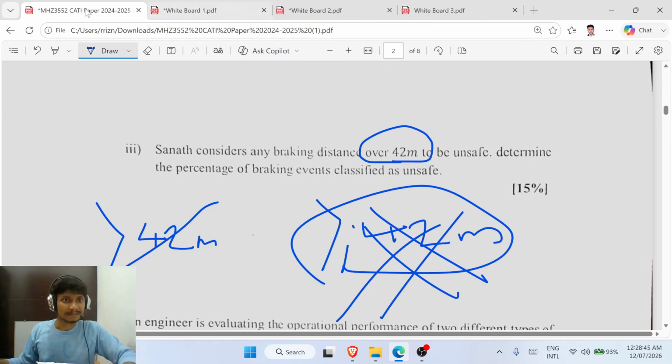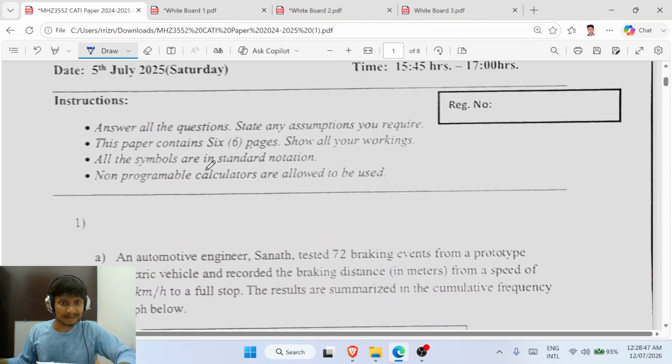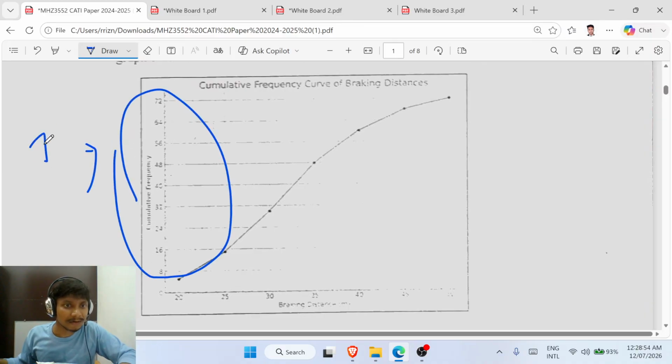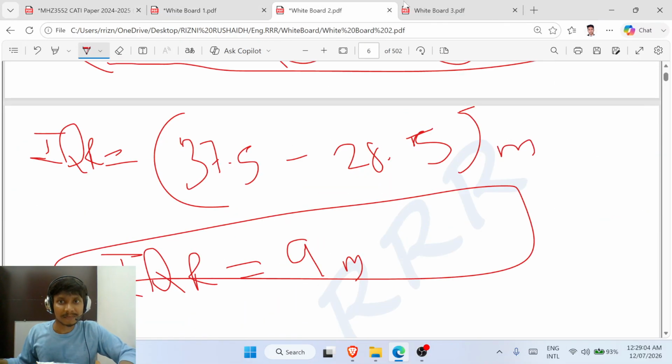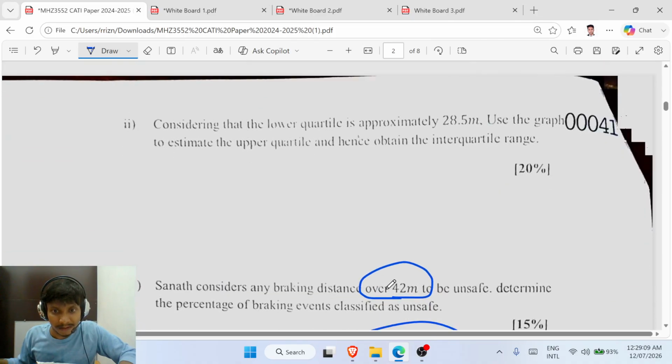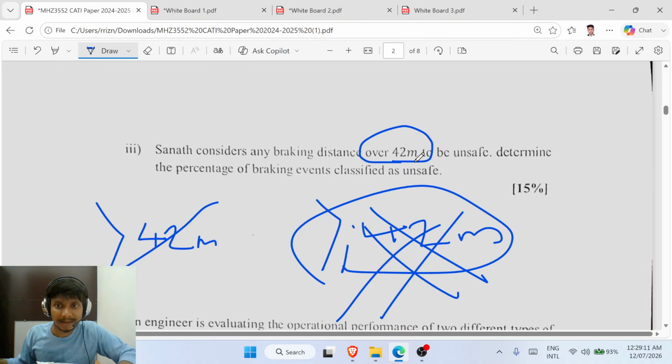Here there are 72 braking events. Now Sanath says that above 42 meters is unsafe.